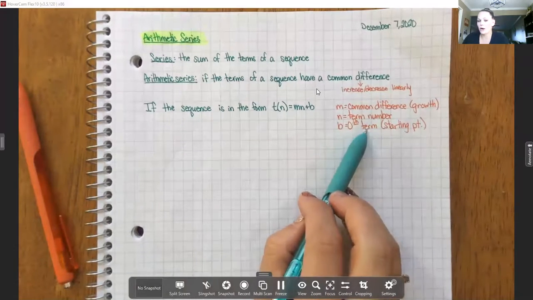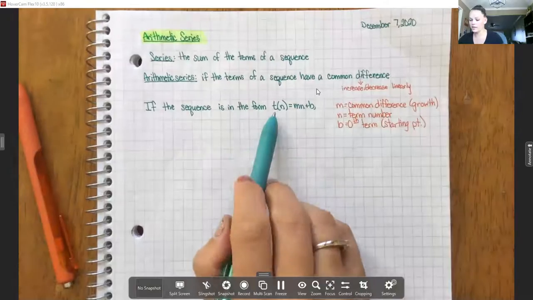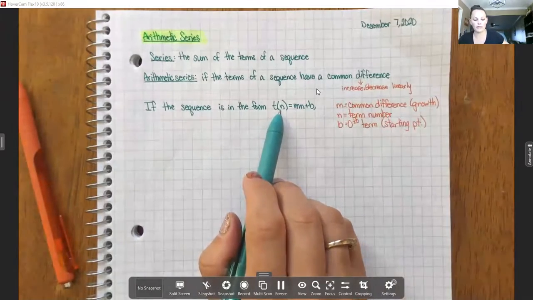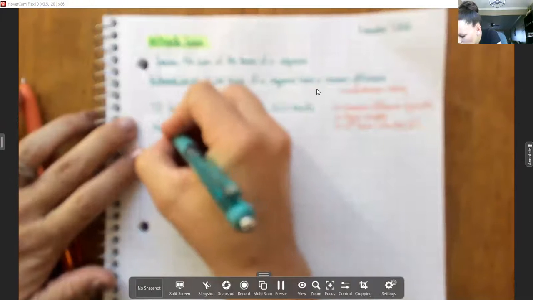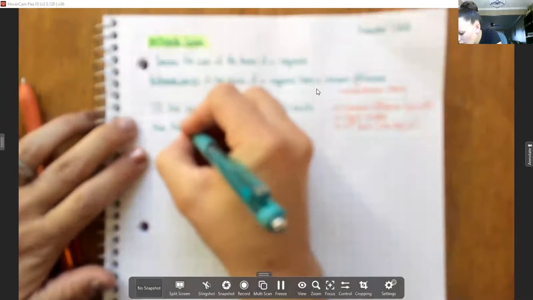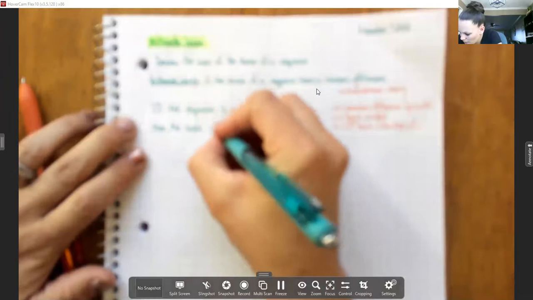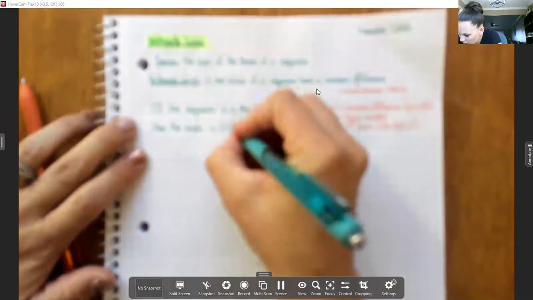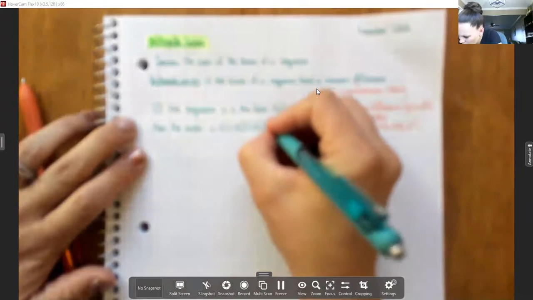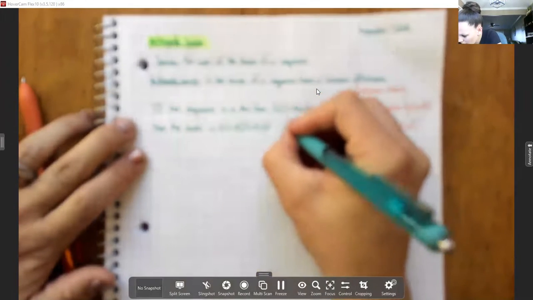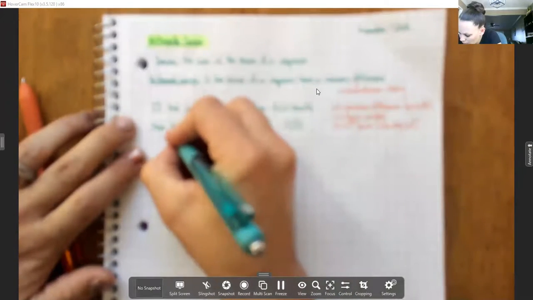So we have to work backwards to find this. If the sequence is in this form, T of n equals mn plus b, then the series is T of 1 plus T of 2 plus T of 3 plus ... all the way to T of k for k terms.